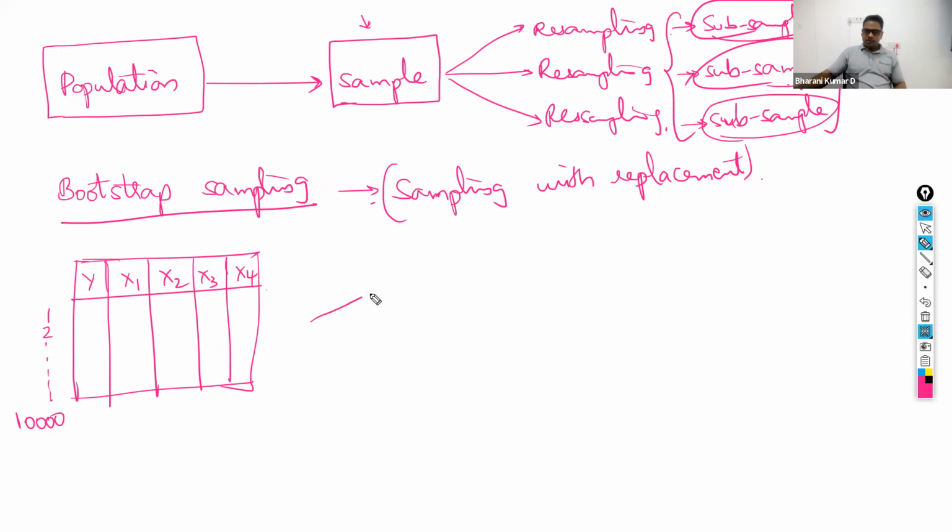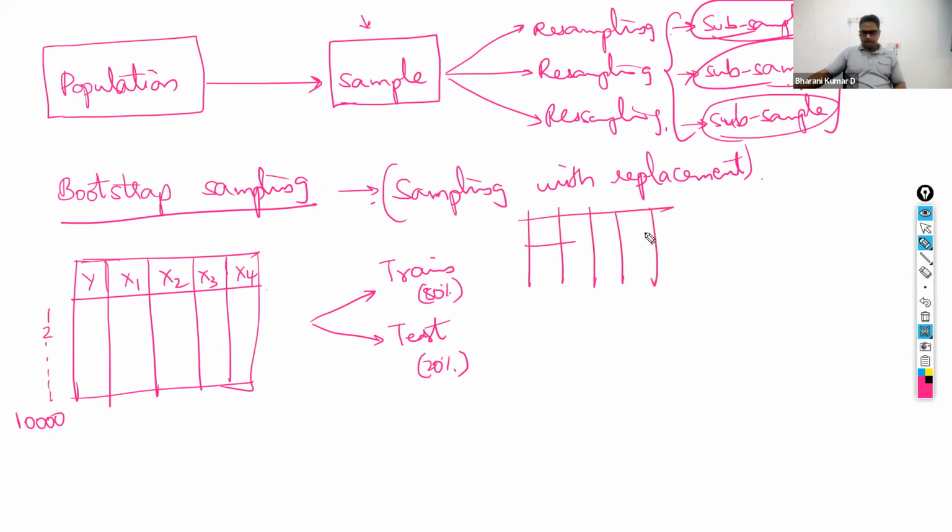When you try to randomly take a sample into your training data, and then the remaining you put in the test data set, for instance, say you want 80% of data in training and 20% in test. Then for this training, suppose randomly row number 2 is selected from these 10,000.